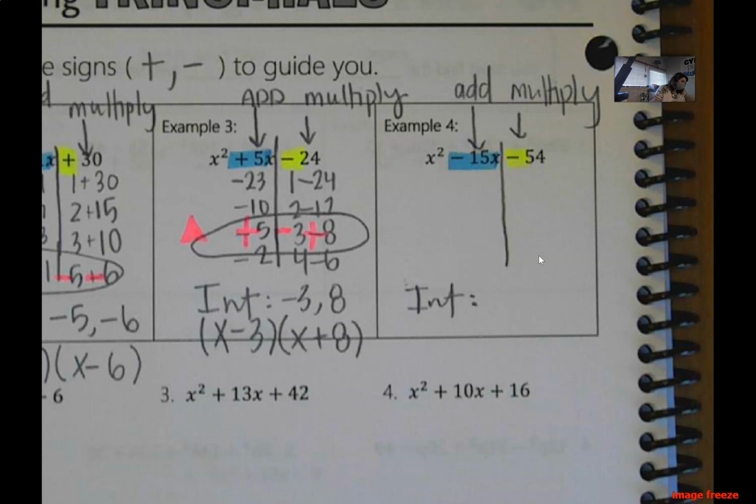Okay, on your whiteboard, you're writing the integers. You're writing the two numbers that multiplied to negative 54 and added to negative 15. Okay, show me.